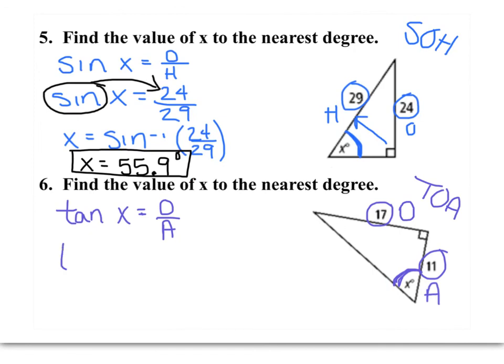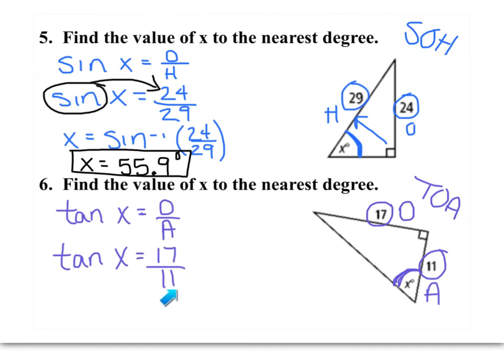Fill in the values. I have tangent of x is going to remain because I do not know my angle. It is marked x. My opposite is 17. My adjacent is 11.